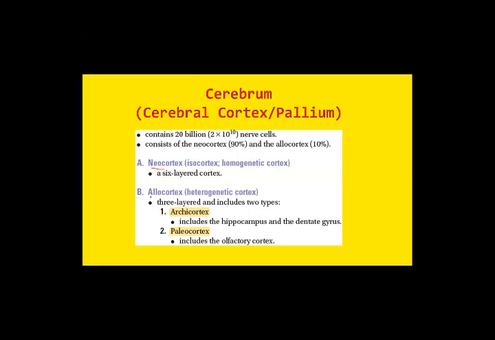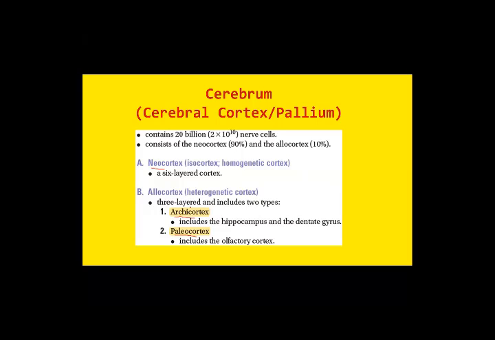The other component of the cerebrum is the allocortex, which contains only the 3 layers, and the subdivisions of allocortex include archicortex and paleocortex. So this is the phylogenetical classification of the cerebrum.